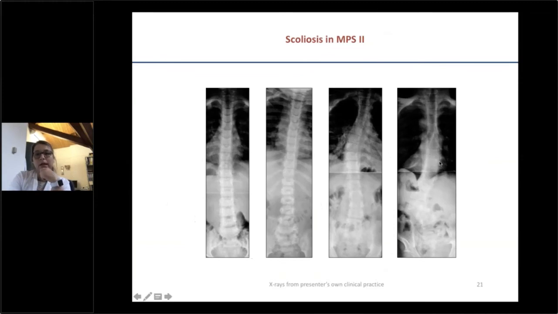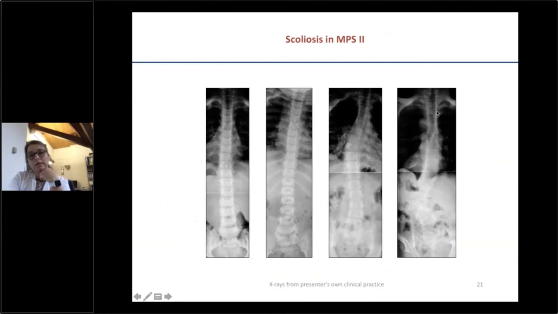These are spinal pictures of MPS II boys, all of them more or less the same age. And you see they look completely different. And this one is the severe form in terms of definition, that the severe form of MPS II is the one with the CNS involvement. But you see it's a nice spine, it's quite straight.